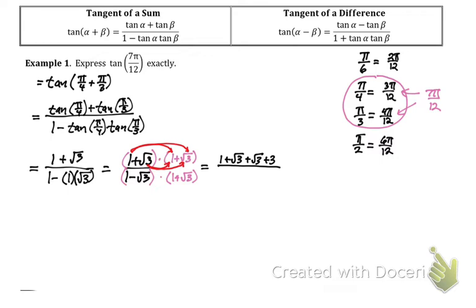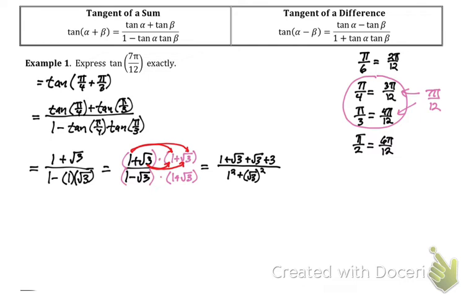I've been pretty harping on difference of squares, right? Because it shows up a lot in this chapter. This is 1 minus, 1 plus, so on the bottom it's going to turn into 1 squared minus square root of 3 squared. What's square root of 3 squared? 3.